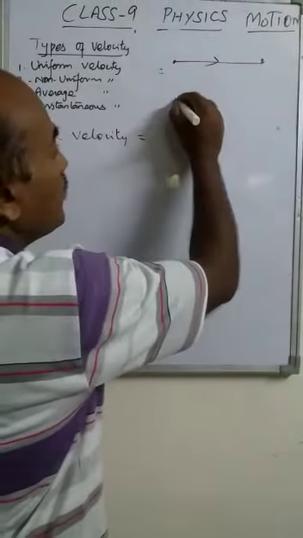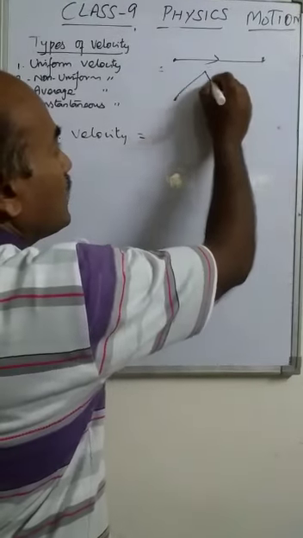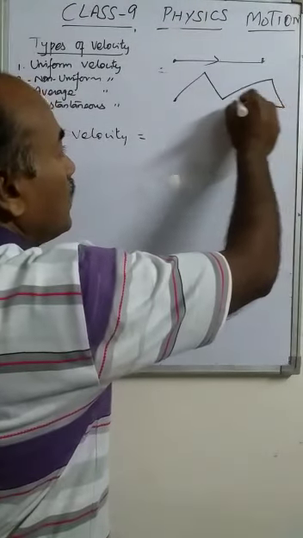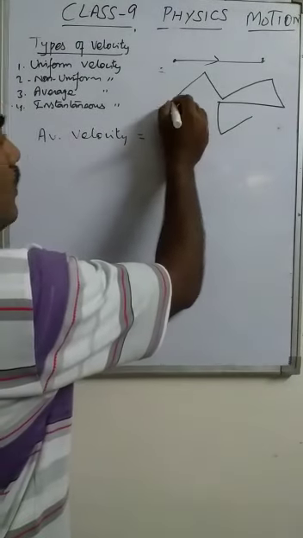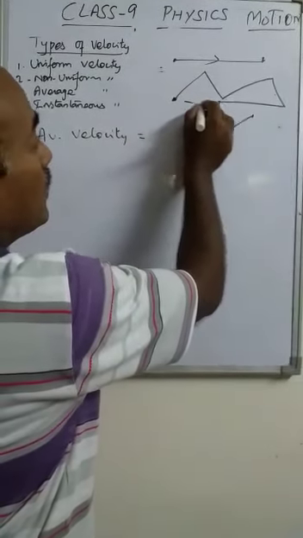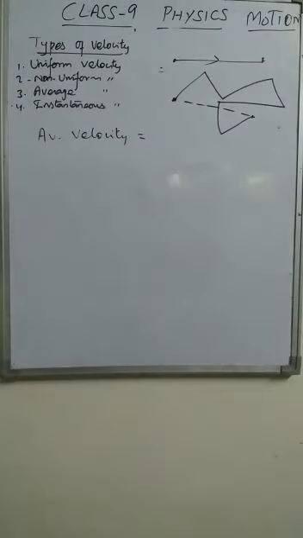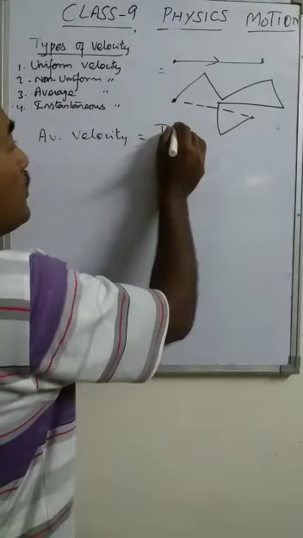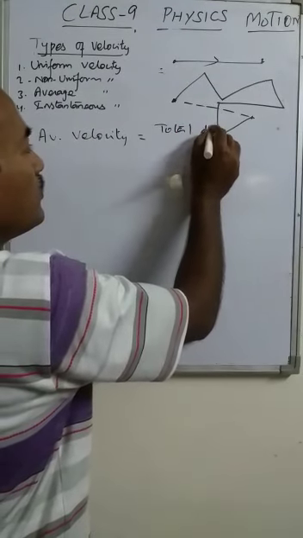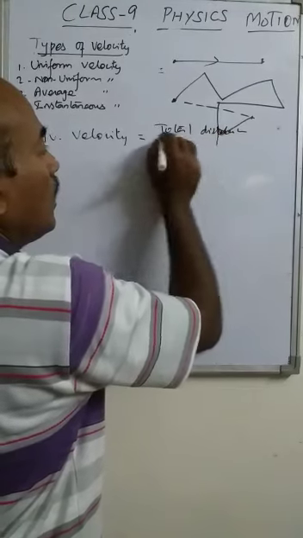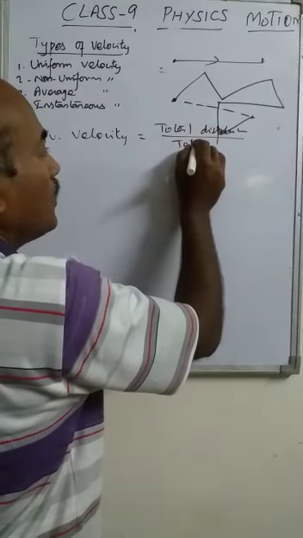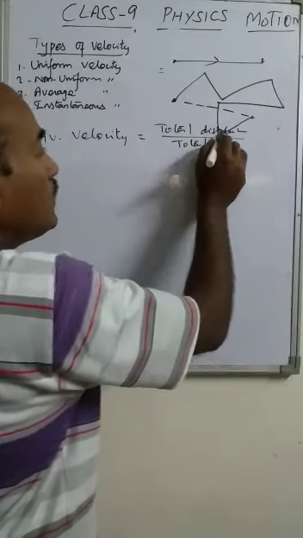If the object changes its direction like this, now the displacement is from initial to final. That is the displacement. Here the average velocity is equal to total displacement upon total time. That is the difference.